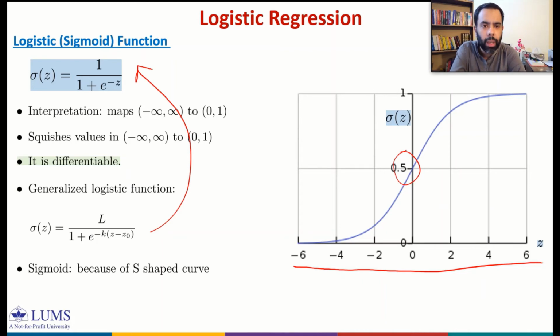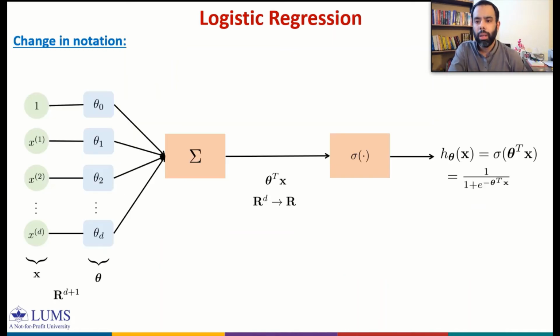So far we have talked about the logistic regression model, and now we have a good understanding of this logistic function. So this is the model we discussed. I'm going to slightly change the notation for mathematical convenience, because this will help us have a more compact, more elegant representation of the formulation.